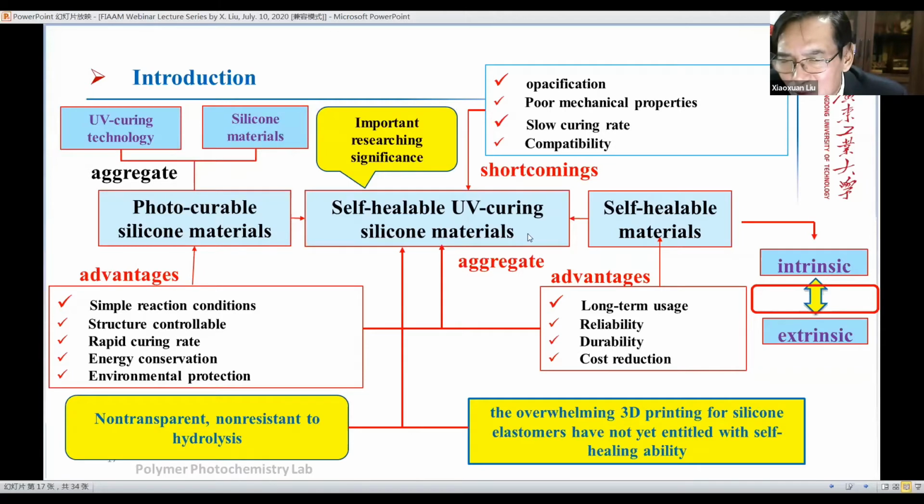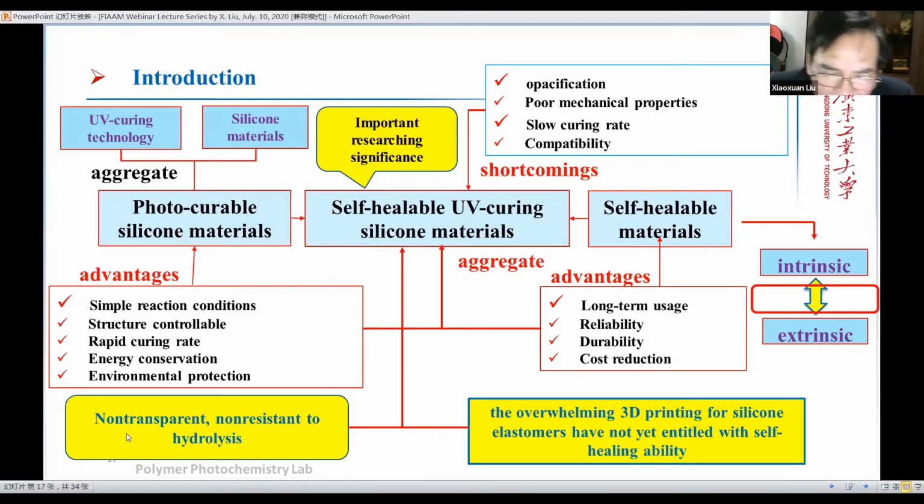We prepare self-healing materials, which have many advantages such as long-term usage, reliability, durability and cost reduction. To prepare healable materials there are generally two methods, the intrinsic and the extrinsic. We have used the intrinsic.